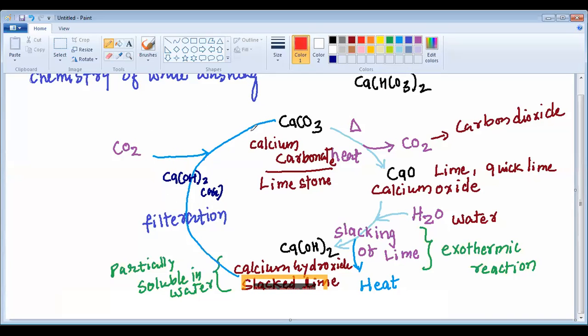Please remember that this solution is transparent, and it is known as lime water. So when slaked lime is produced and we do the filtration, we actually get lime water. This lime water is a transparent solution.